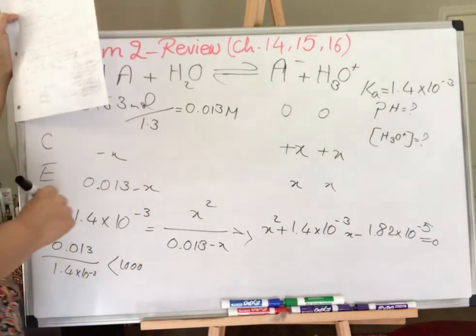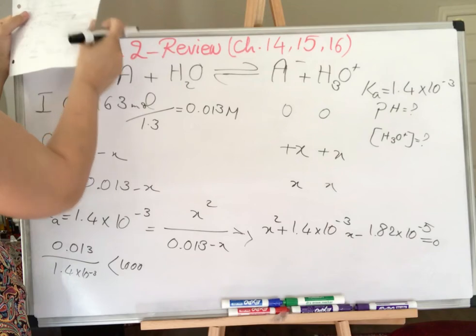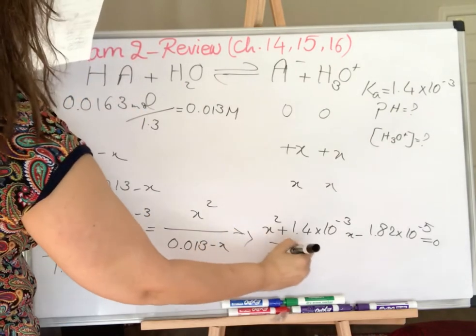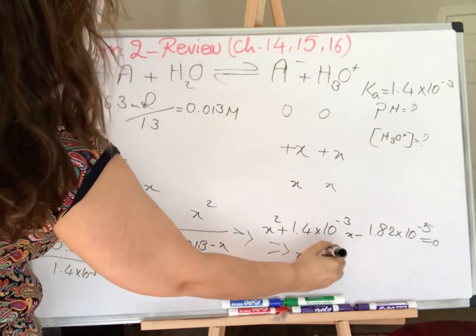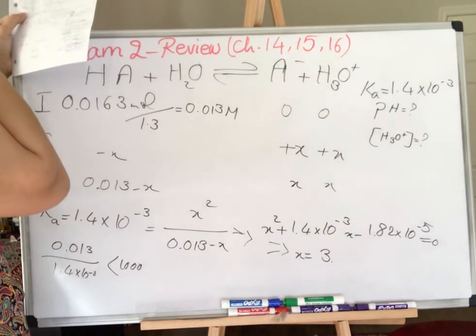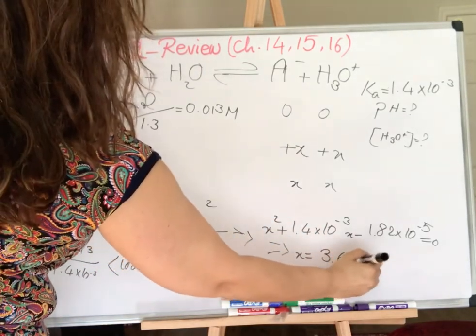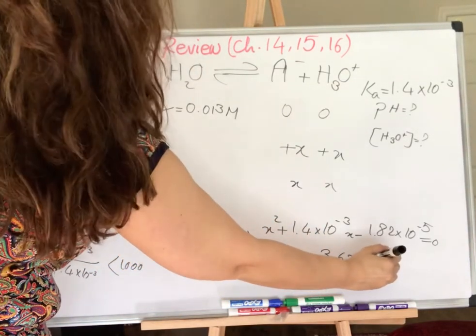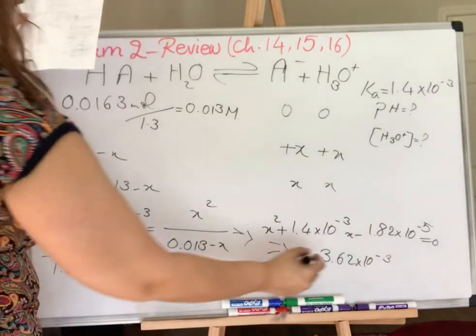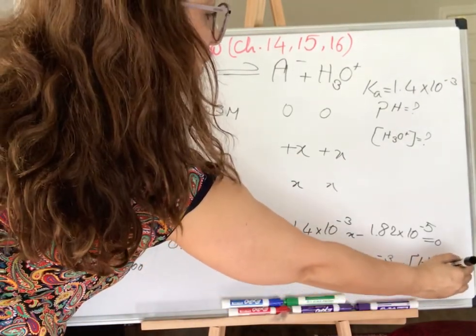Then after you solve this equation, you will end up having two values for x. One of them is negative. The positive one, the accepted value, is 3.62 times 10 to negative 3, which is the value for H3O, correct?